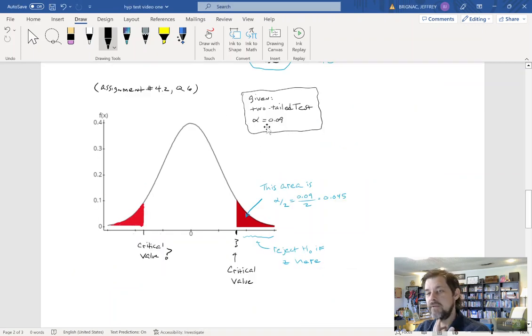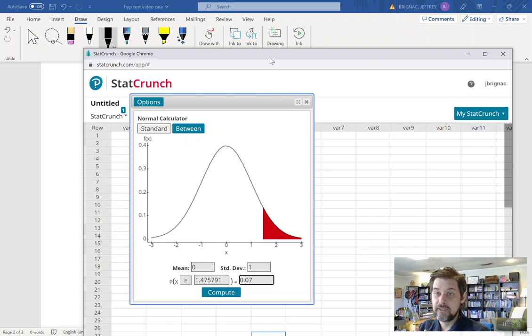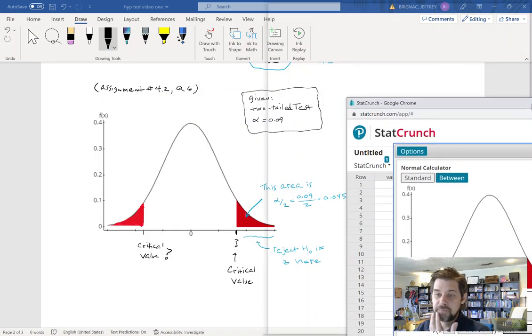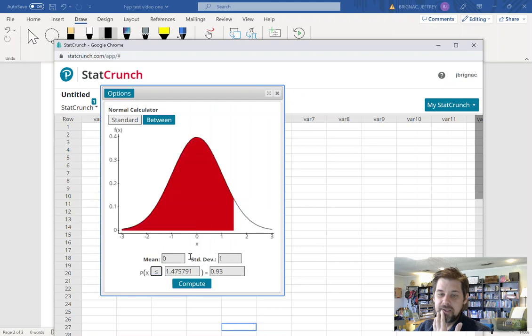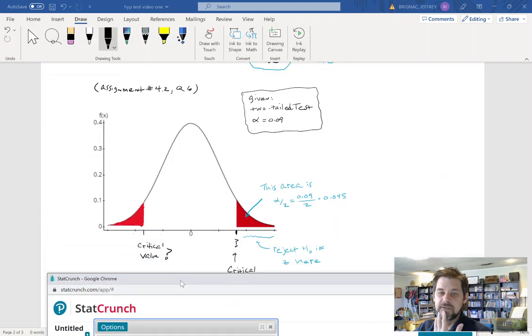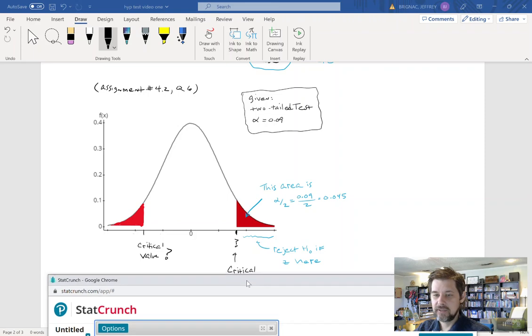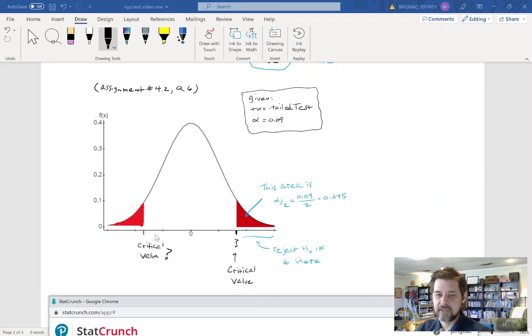So if you tell me alpha is 0.09, I'll divide that by 2, I'll get 0.045. And I need to set up my normal curve so that this is 0.045 and then find this number. Again, StatCrunch would make that really easy to do. I could do it on the right, or I could do it on the left, because there are two rejection regions, but let's just stick to the one on the right. This other critical value is just going to be the opposite of that one.